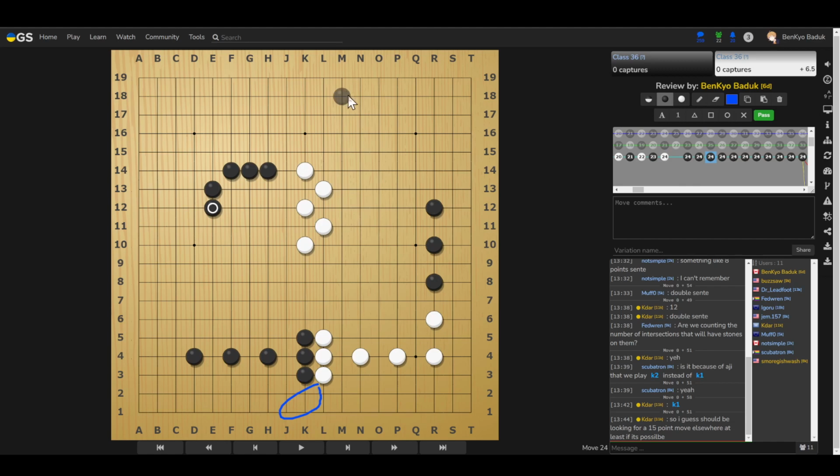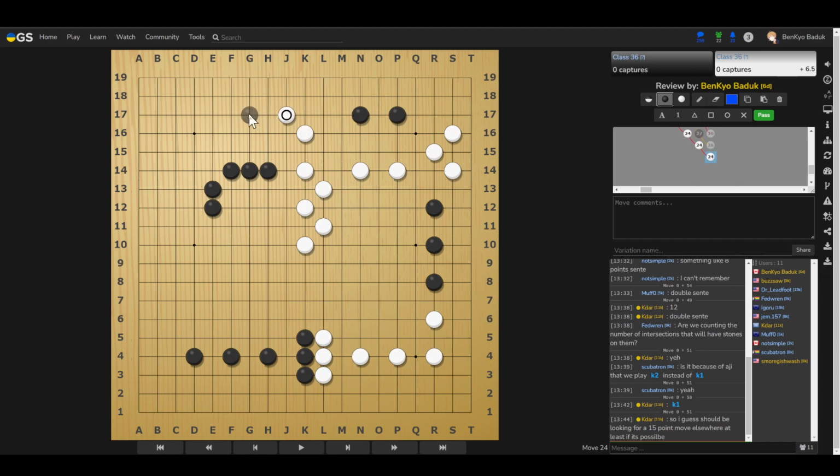Suppose that somebody has some sort of black group trying to live somewhere. I'll just set up something here. And then we'll put a black territory over here. So just forget about how the board looks really strange. But imagine you're trying to live with this black.